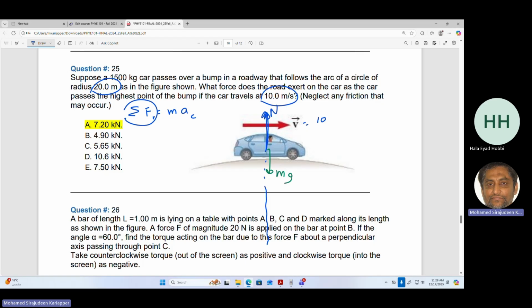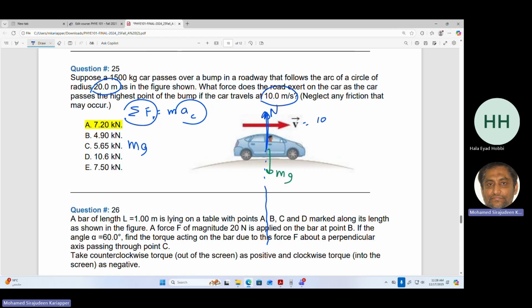We always take the positive direction to the center of the circle when you apply it for uniform circular motion. The center of the circle is below the car, so I'll take that direction as the positive direction, the centripetal acceleration direction. The acceleration direction is downward. So mg is positive because mg is also downward.